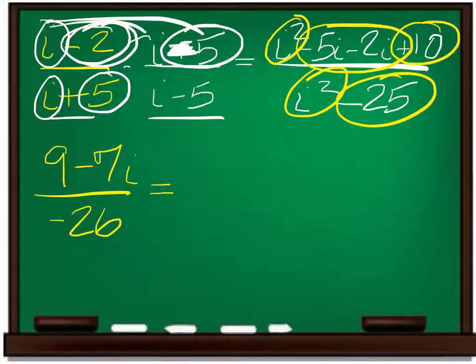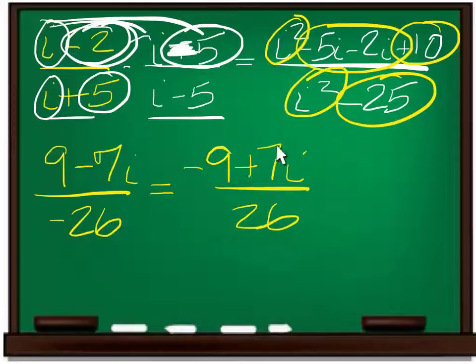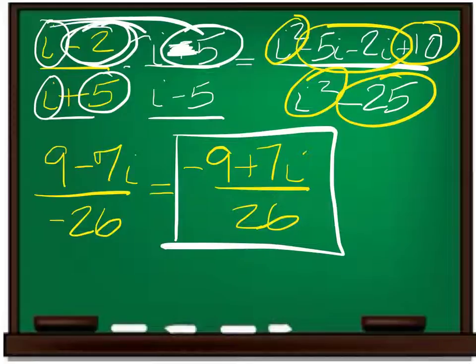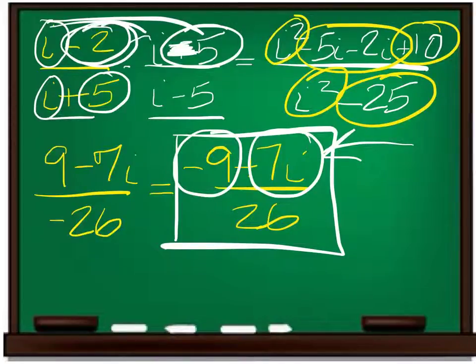Cannot have a negative on the bottom, so change the sign of everything. 9, 7, and 26. There is no number that divides into those except for 1, and that doesn't help. So this is your final answer. Always make sure that your expression on the top, if you have an i in the constant, is the constant first, and then the i term second.